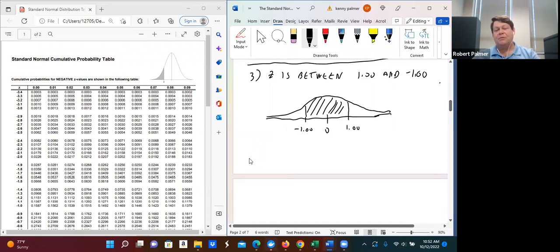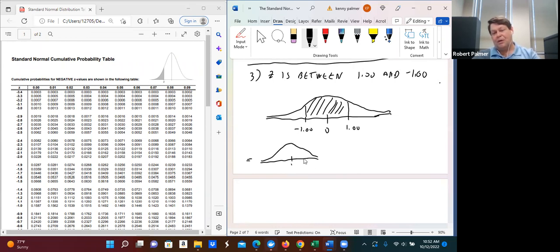So what this is going to be in terms of areas is the table will give me the area to the right of 1. It'll also give me the area to the right of negative 1. And so if I subtract this little area right here from everything less than 1, I'll get that. So you can put it in terms of areas, kind of show a picture in terms of areas.